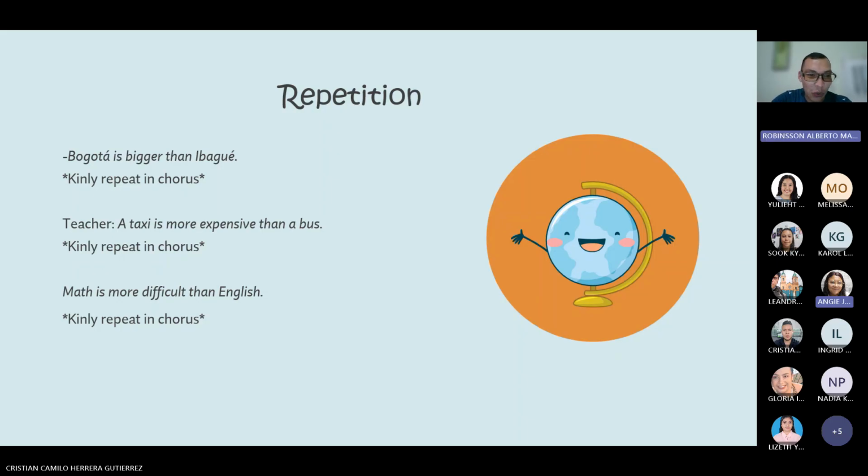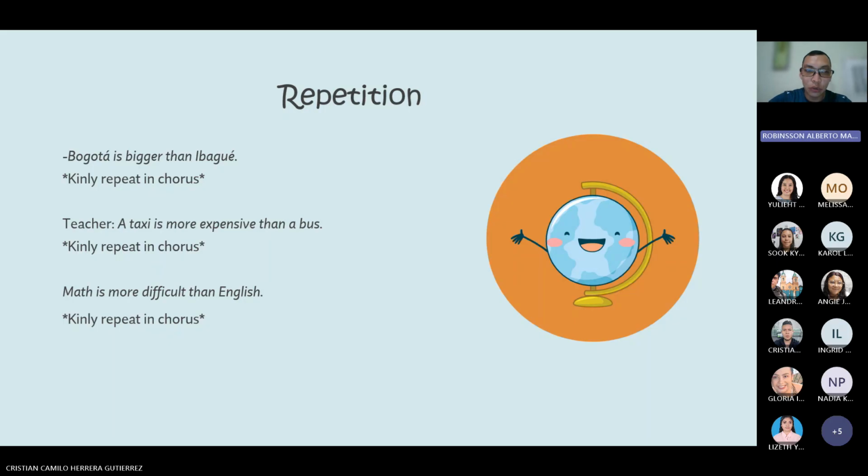Okay, perfect. That's right. Pay attention, because when we have a word with more than two syllables, we have to add the word more when we are going to compare. More difficult, difficult has three syllables.